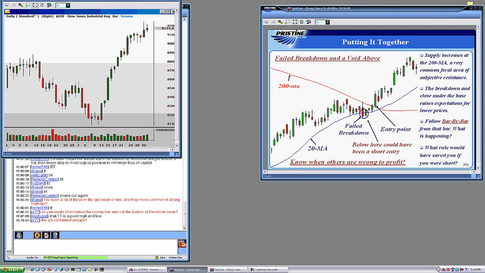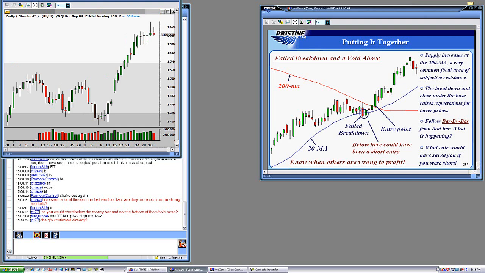You don't see that happen too often. Maybe it did by a couple of ticks. Those are the NASDAQ futures.